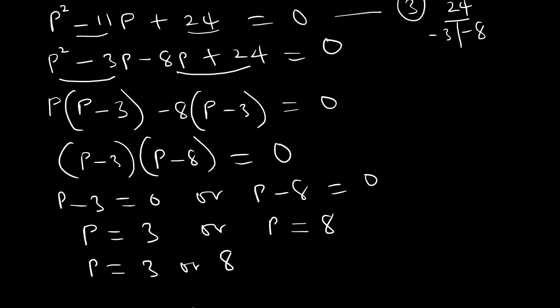P is equal to 3 or 8 cannot be the solution to this problem because p is not the original variable. The original variable is x. And so we expected to look for x and not p. So what do we do now? We'll go back to equation 1 and equation 2.